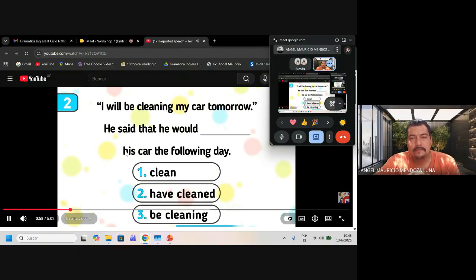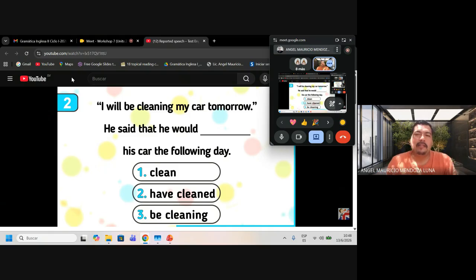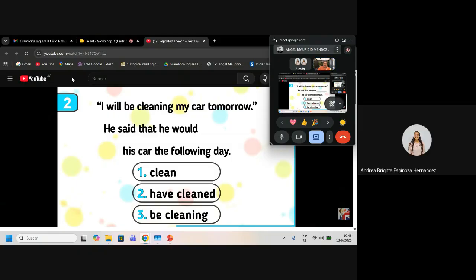All right. What about number 2? It says, I will be cleaning my car tomorrow. Options: clean, have cleaned, or be cleaning? I think be cleaning. The third one.